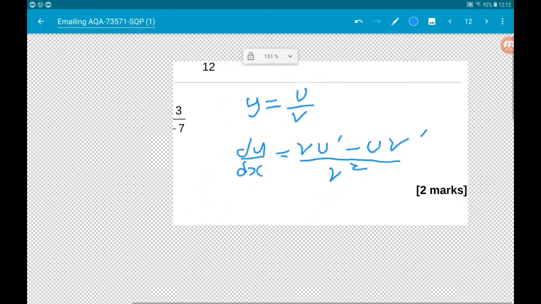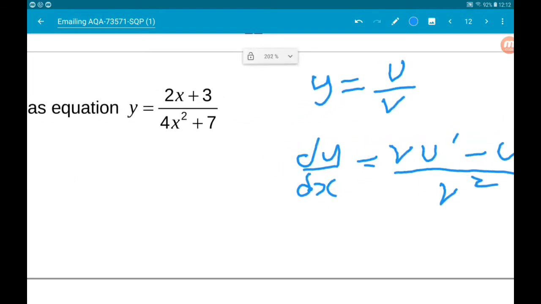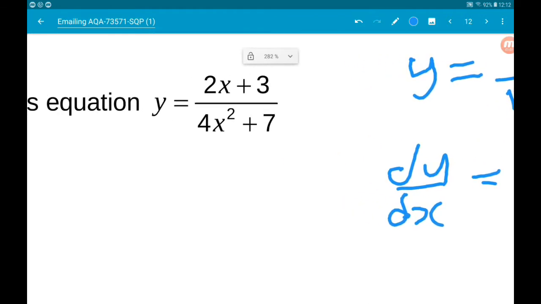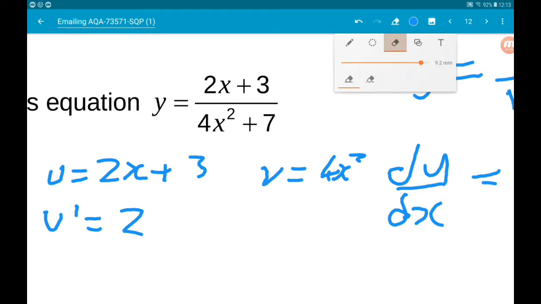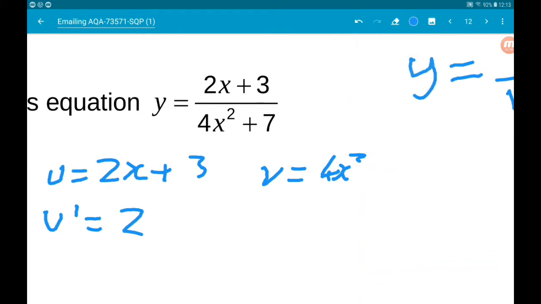So here u is 2x plus 3, so u dash is 2 and v is 4x squared add 7, so v dash is 8x.